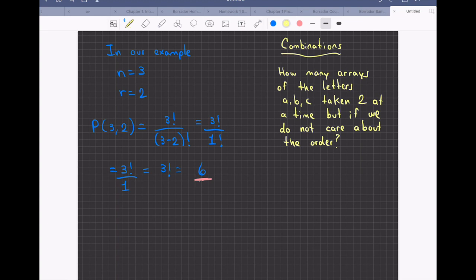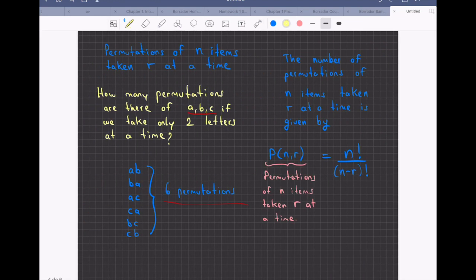So we're going to repeat the process, but we have 3 letters. We're going to choose 2, but in this case, the order doesn't matter. What do I mean with that?